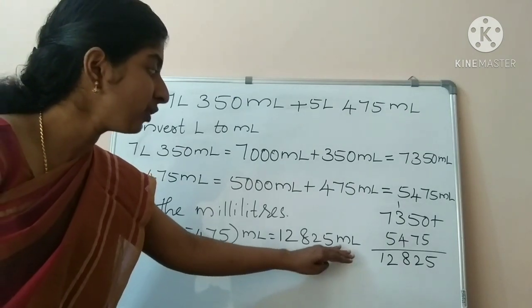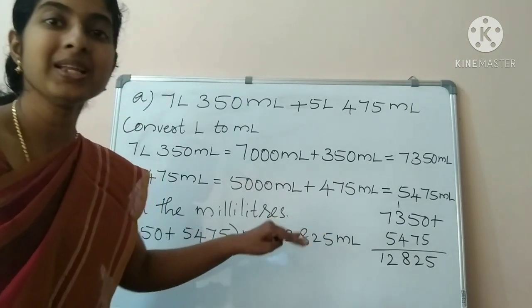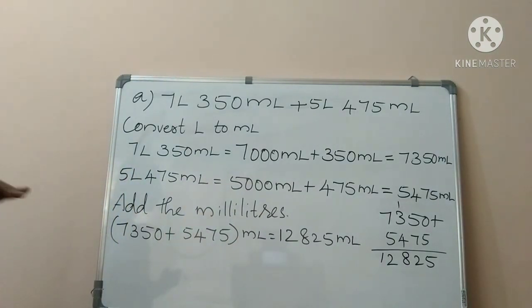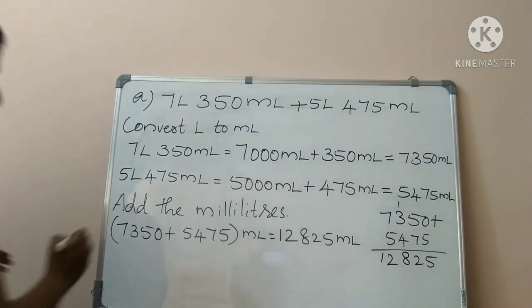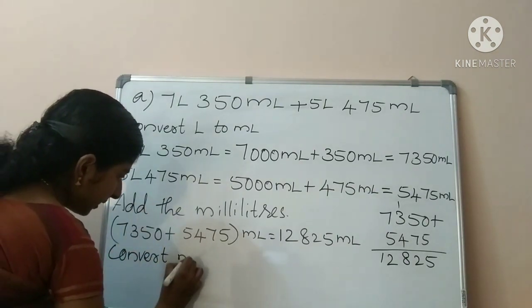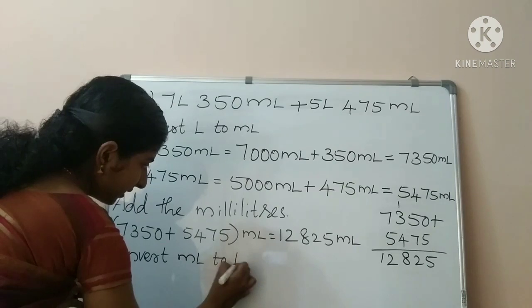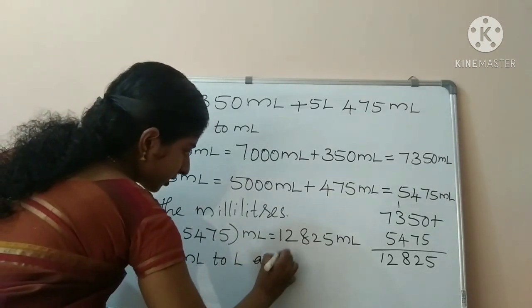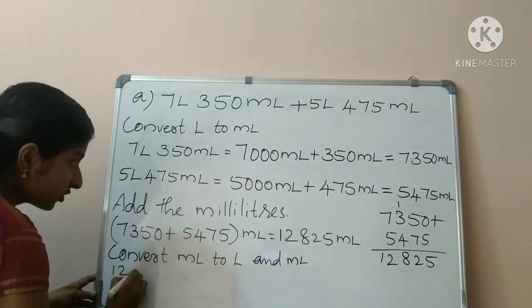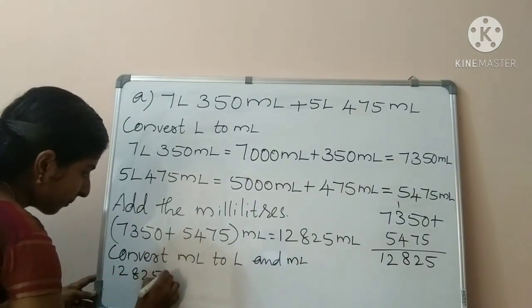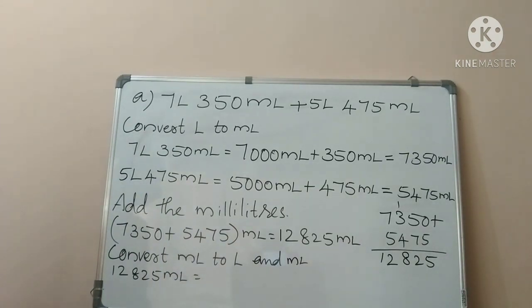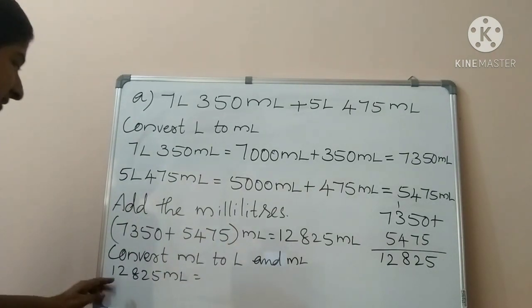Next, we convert this milliliter to liter and milliliter. First, 12,825 milliliter is equal to, first we split this number on the basis of 1000.